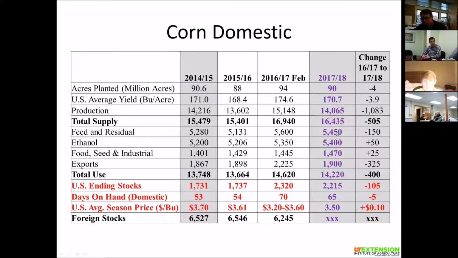We do have some supply issues as far as being able to work through some of the surplus that we have, but there's a couple of things that have been very strong. If you look at where we're at this year, so the 2016-2017 estimated numbers, we've had very strong ethanol production.